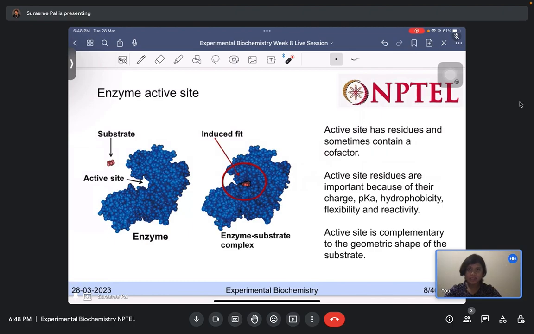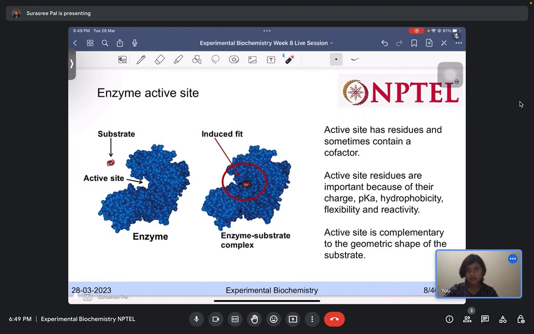Each enzyme is specific for a substrate, and this substrate specificity originates from the fact that the substrate can fit properly in the active site of the enzyme. This fitting means that the shape of the substrate has to be complementary to the shape of the active site of the enzyme. So this geometric complementarity is very important.